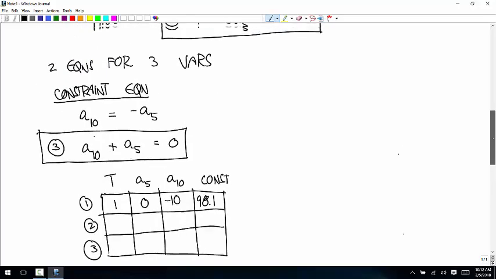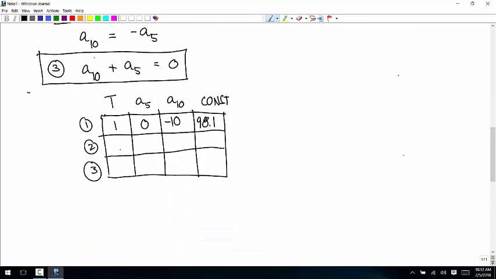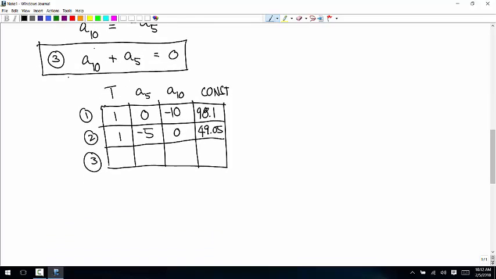And then equation 2 says 1 times T minus 5 times A5 is equal to 49.05. And then equation 3 says 1 times A5 plus 1 times A10 is equal to 0.